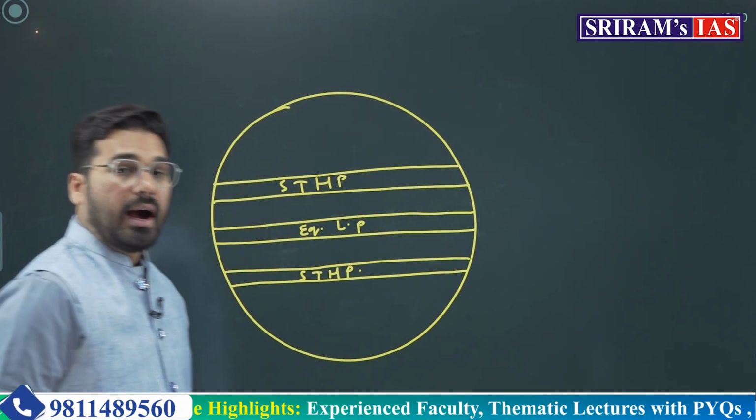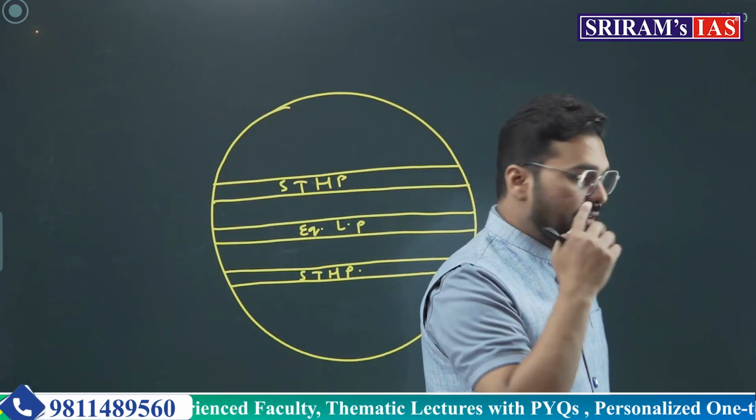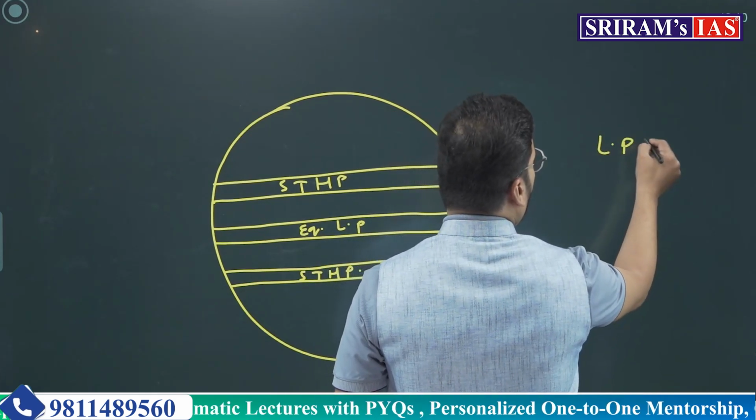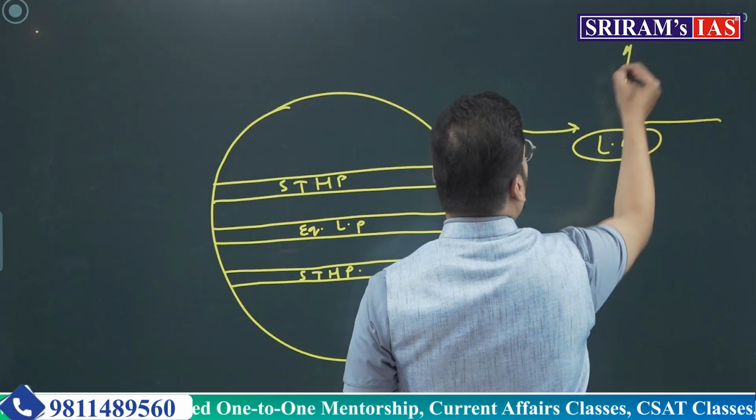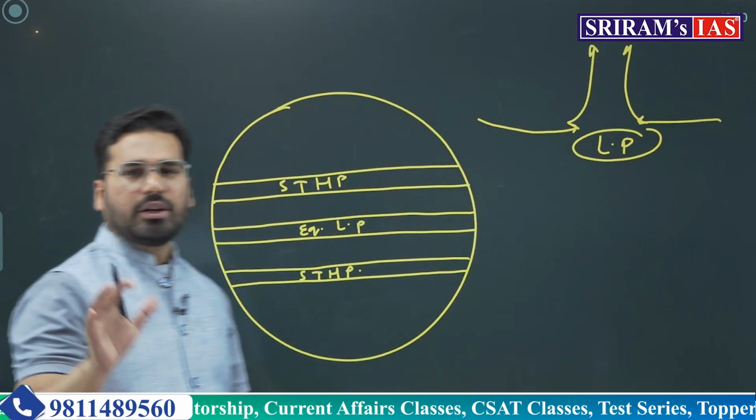Now tell me, high pressure, what does it mean? Suppose if this is the low pressure, that means air is converging here and moving up, right? This is the condition of low pressure.